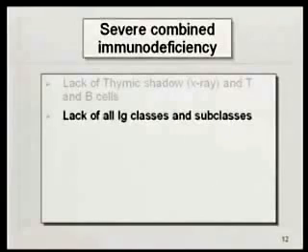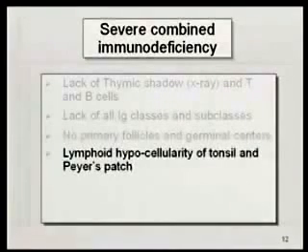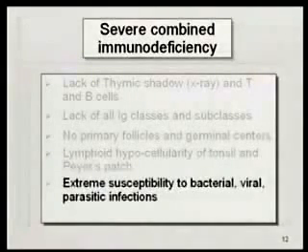There will be no immunoglobulins of any class or subclass because there are no B cells to start with, no primary follicles, and no germinal centers, which are a result of activation of lymphoid cells, B cells. Lymphoid hypocellularity of tonsils and Peyer's patches will be a characteristic feature of these individuals.